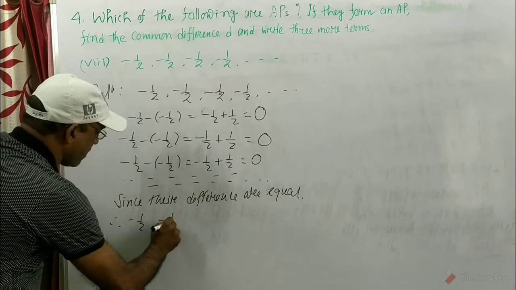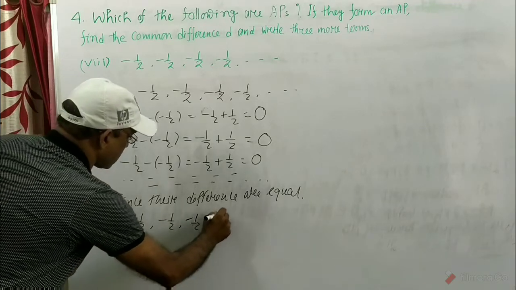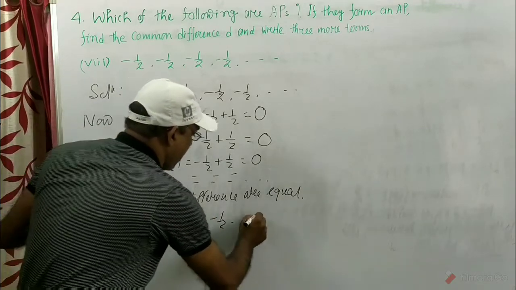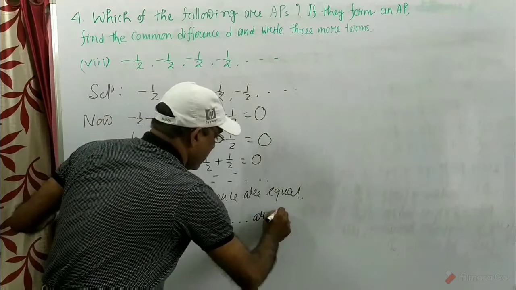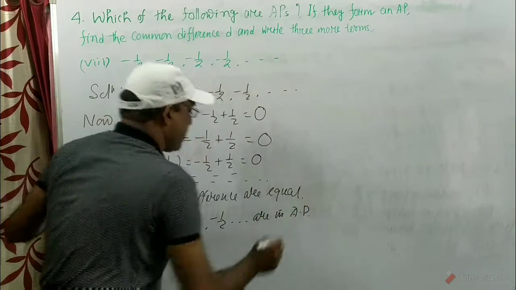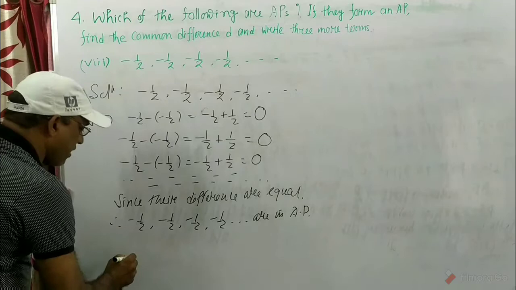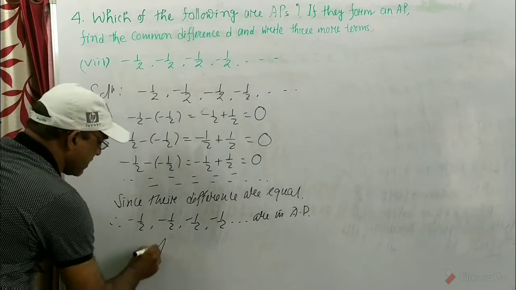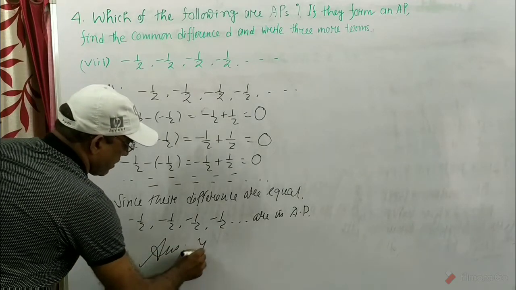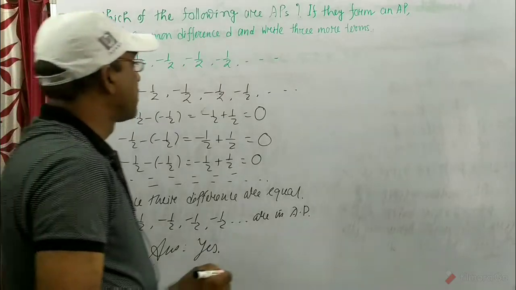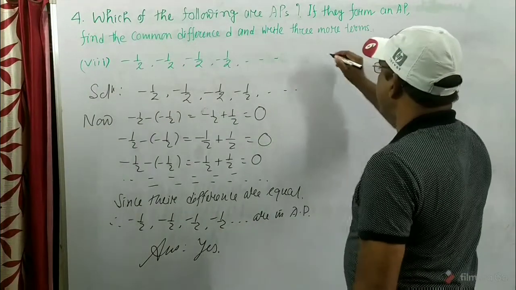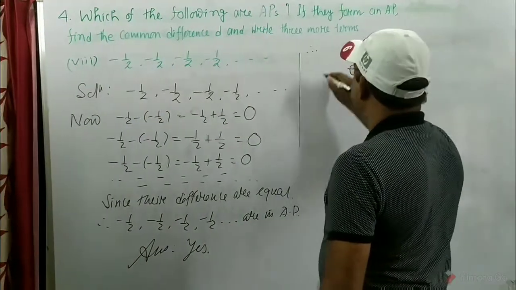Therefore minus half, minus half, minus half, dot dot dot are in AP. They form an AP. So answer is yes, they form an AP. Now if they form an AP, then we have to find common difference.